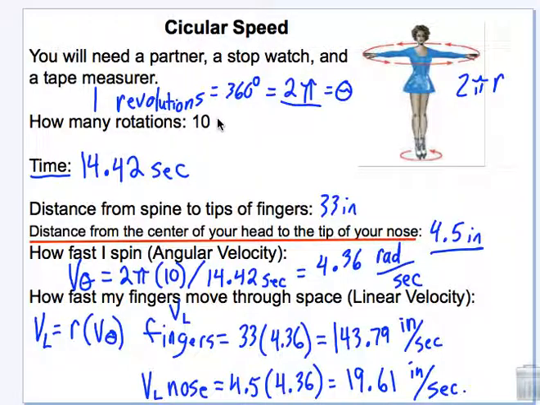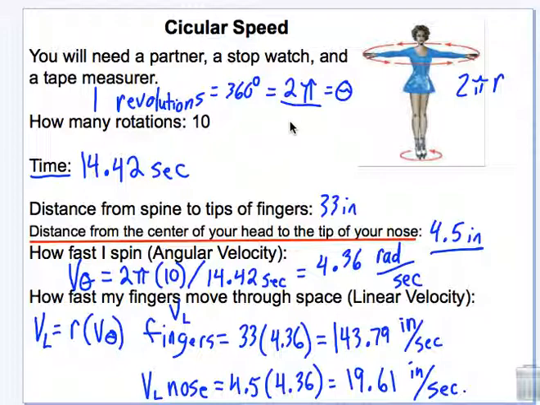Now yesterday I had you convert your time per revolutions into how many revolutions it took you per 1 second, and a lot of you were kind of confused by that.